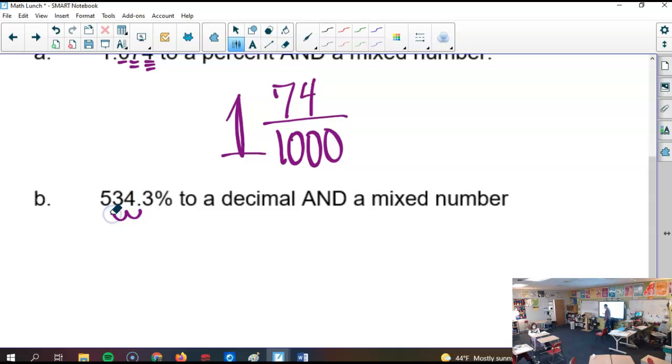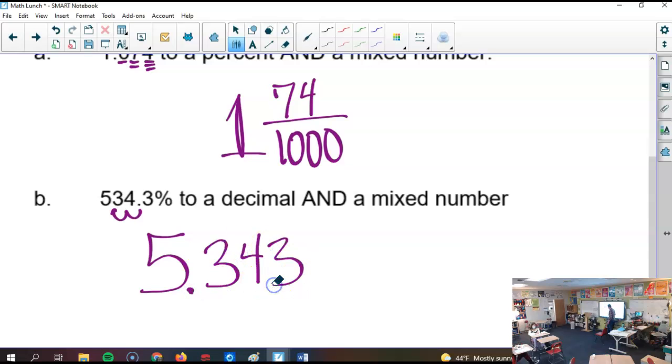Because guys, remember that 100% was 1. So what would 500% be? 5. So this is going to be 5.343. If 100% is 1, it makes sense that 500% is 5. Does that make sense to us?